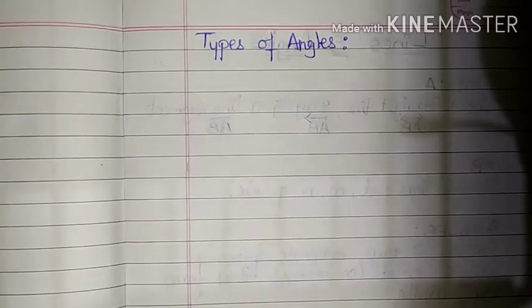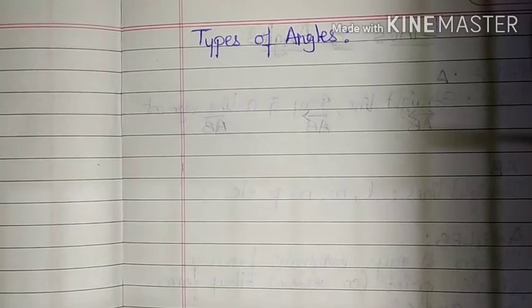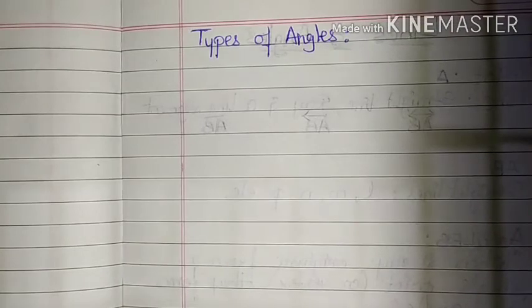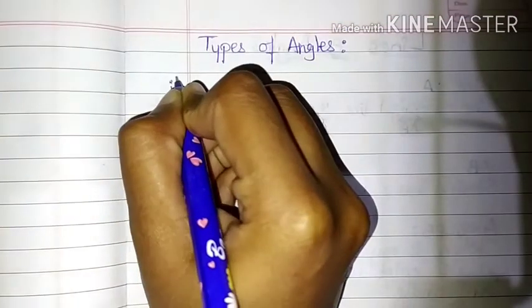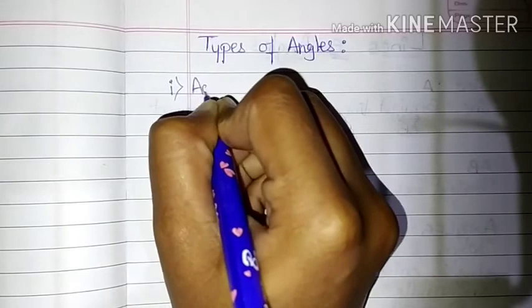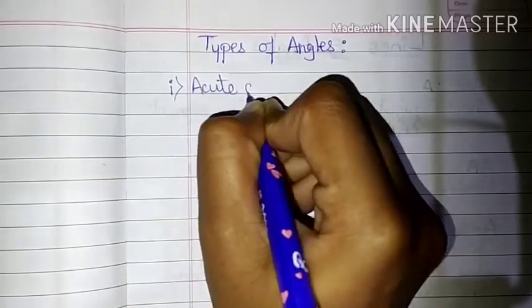Now we have types of angles. Here we classify angles based on how much they measure. So based on that we have the first type, that is acute angles.